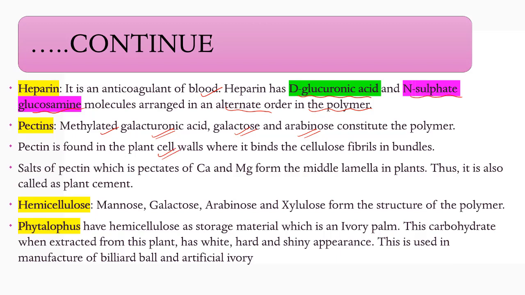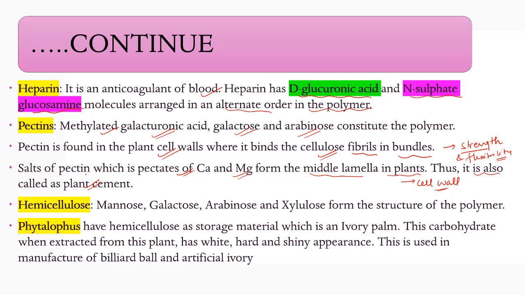Pectin is found in plant cell walls where it binds with the cellulose fibrils in bundles to provide strength and flexibility. Salts of pectin, calcium pectate and magnesium pectate, form the middle lamella in plants, which helps as a cementing material between two cell walls. It also acts as a plant cement.